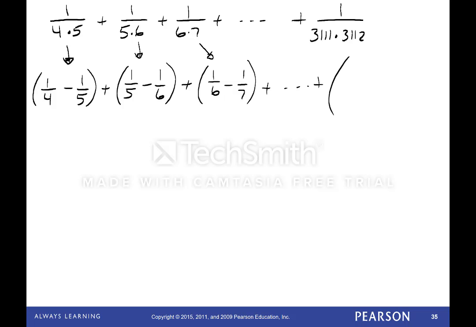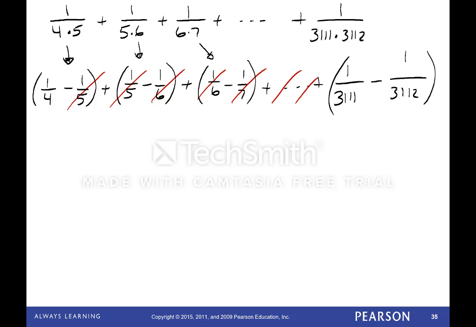So how does that help us? The last one would be 1/3,111 minus 1/3,112. Notice there's something being subtracted and something being added, so they're going to negate each other. The negative 1/5 will eventually cancel with the positive 1/5, and the negative 1/6 will cancel with the positive 1/6, and so on, so everything in the middle will just cancel off all the way up to that number.